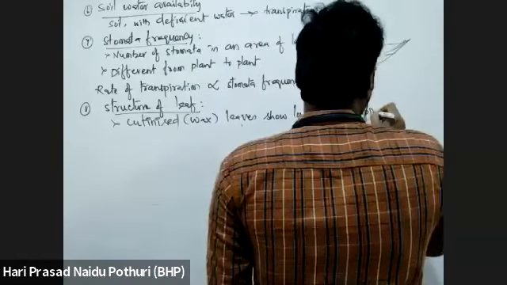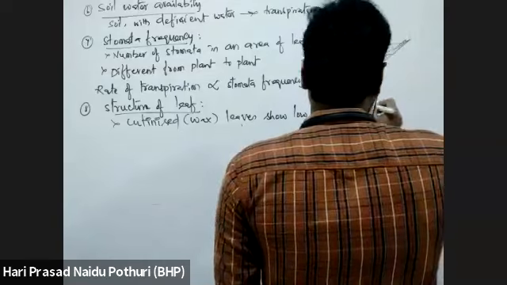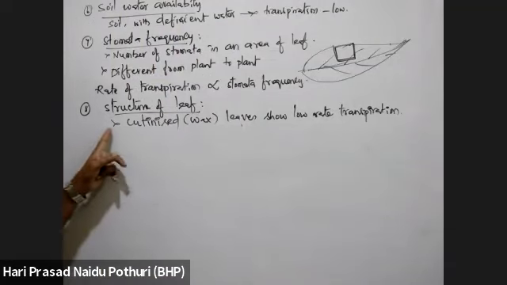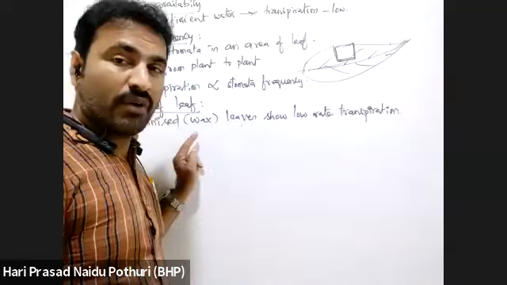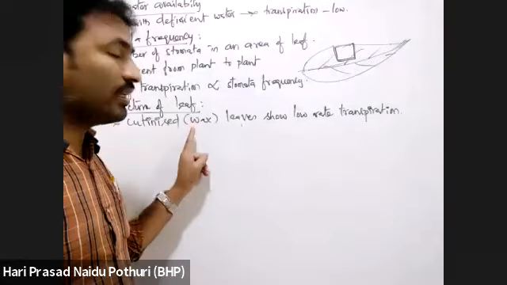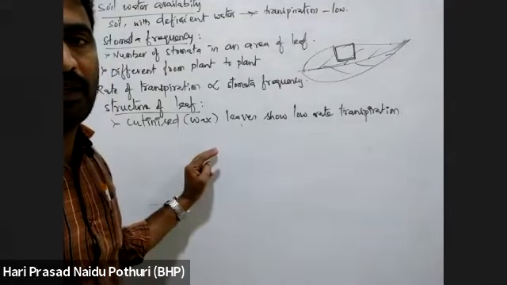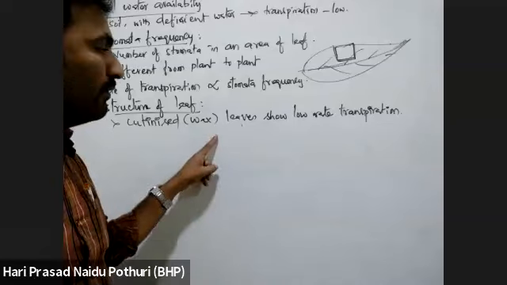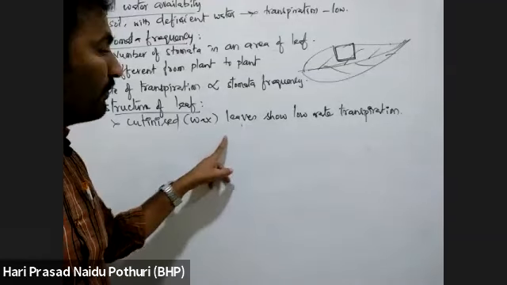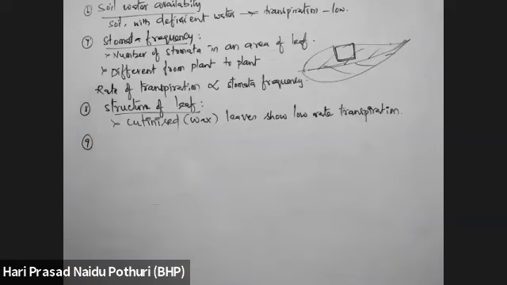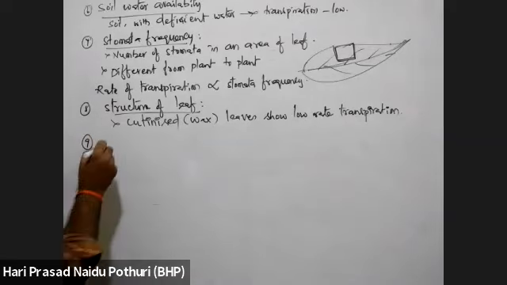Transpiration rate is less when leaf surface has cutinized wax. A waxy layer is present on surface of leaf, which is called as cutinized leaf. Cutin is a waxy water repellent layer. If that waxy water repellent layer is present on surface of leaf, then in that leaf rate of transpiration will be decreasing.